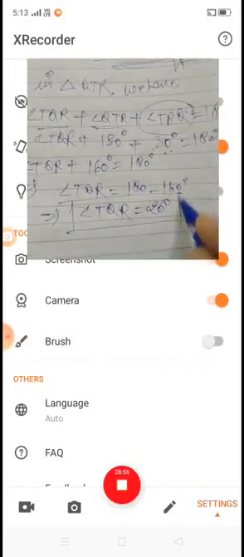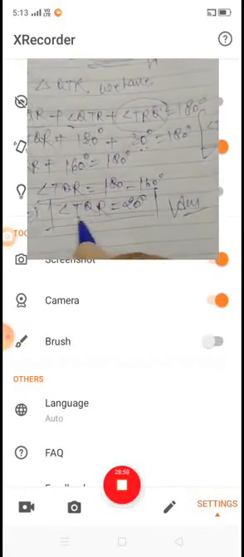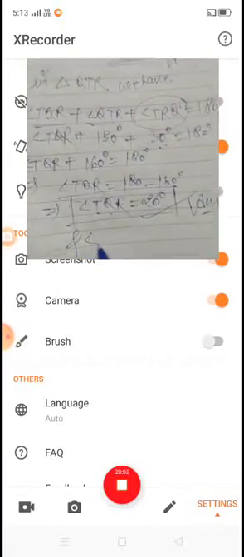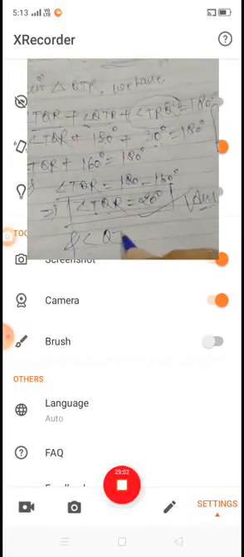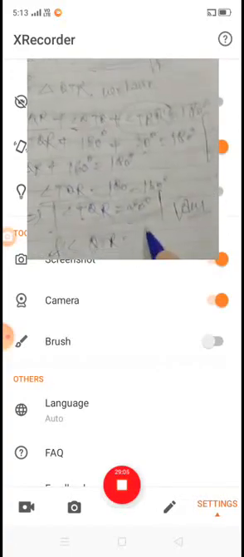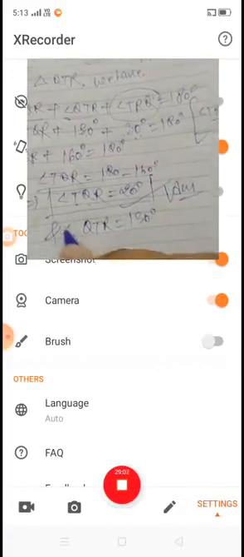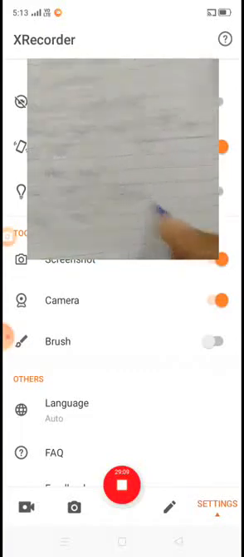So the answer is: angle TQR is 20 degrees and angle QTR is 130 degrees. This is your answer.